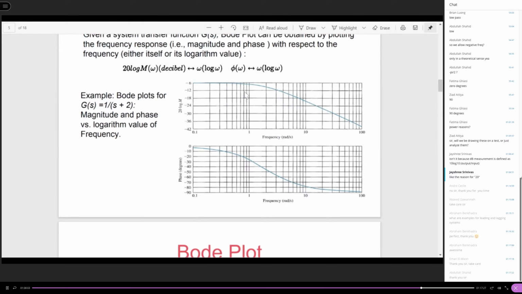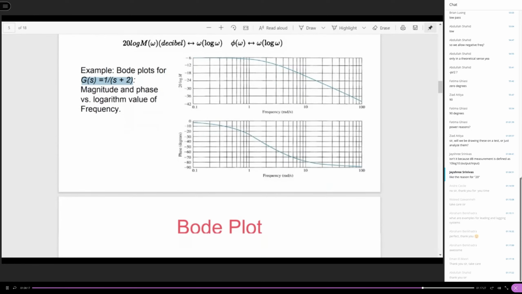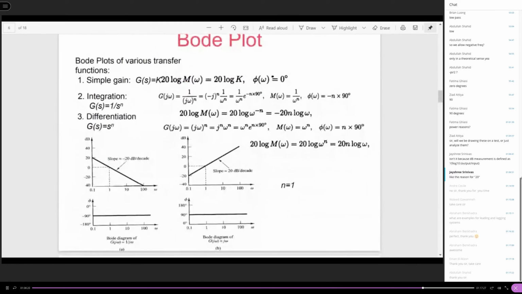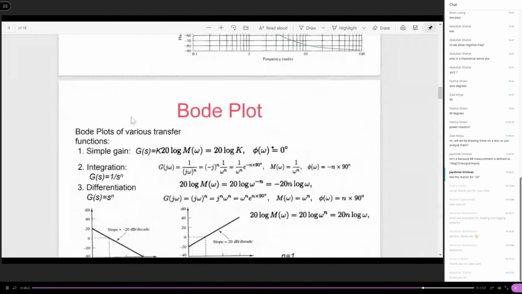For this picture, it's very clear. This is the Bode plot for this special system G(s) = 1/(s+2). It consists of 2 plots.